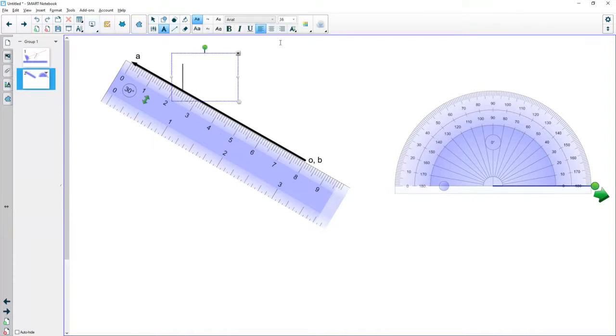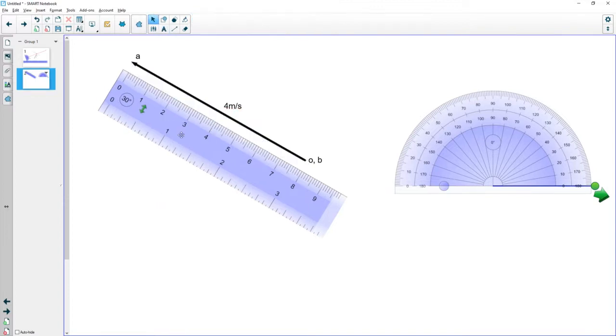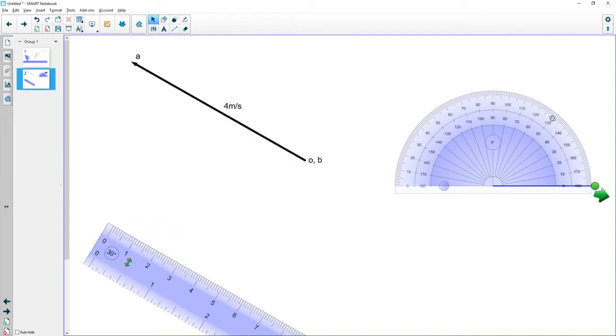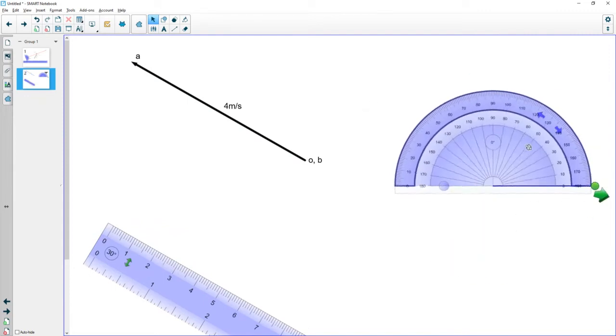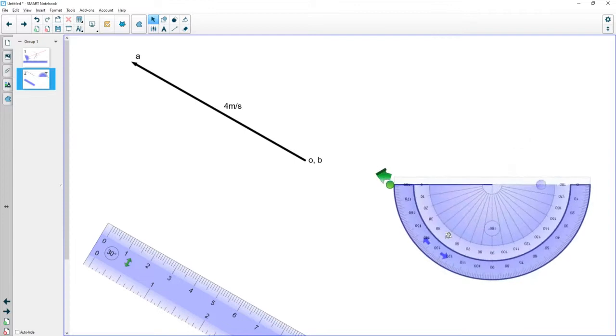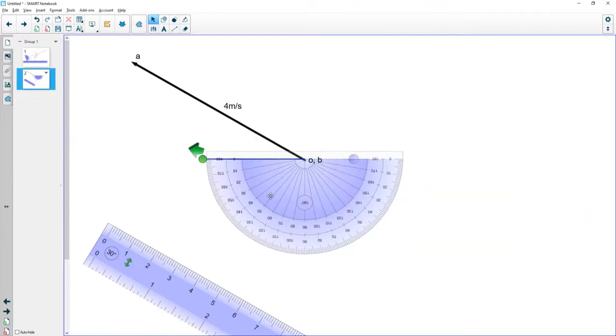So I'm just going to put in there, 4 meters per second. Coming off that as well, we have the member BC, which is coming at 21 degrees.